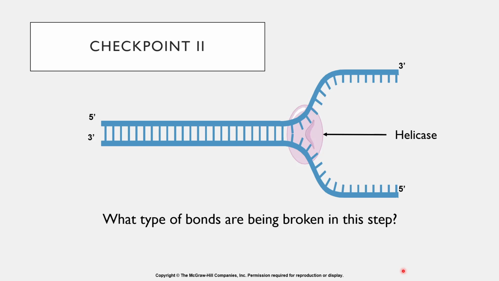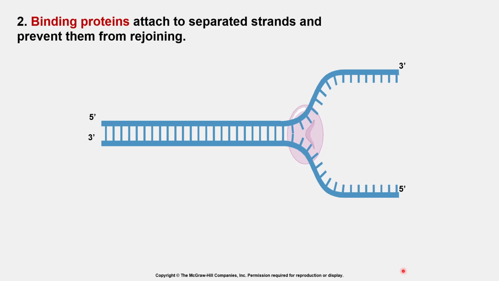So once the two strands have been partially pulled apart, the next essential step is for special proteins to enter the scene and attach to each of the separated strands to prevent them from rejoining. Because remember, these two strands are highly attracted to each other. They have pairing that causes them to want to zip back together.